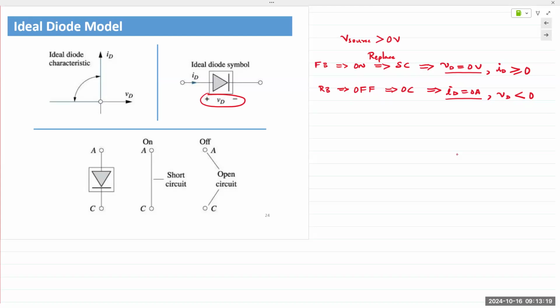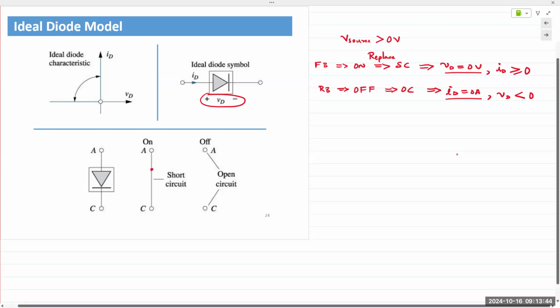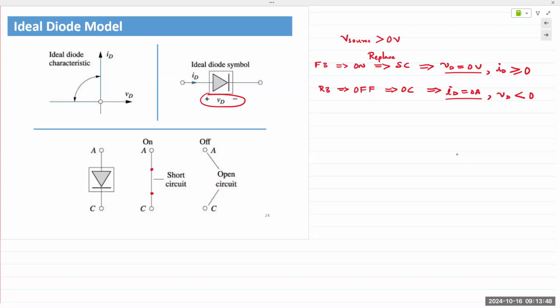So typically, if you read in the books, sometimes some authors, or when you talk to other people, sometimes the assumption is already implied, because if it's reverse bias, it's always negative. Mathematically, we put a negative sign in front of it. Okay. So we replace it with a short circuit in forward bias, open circuit in reverse bias.